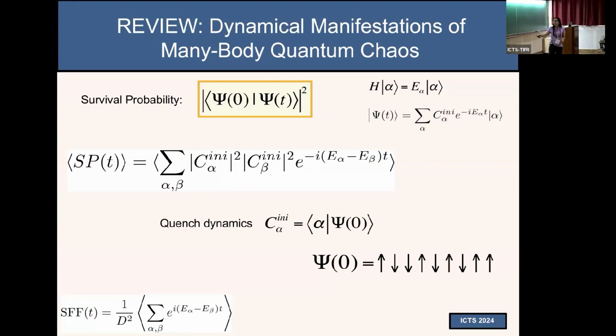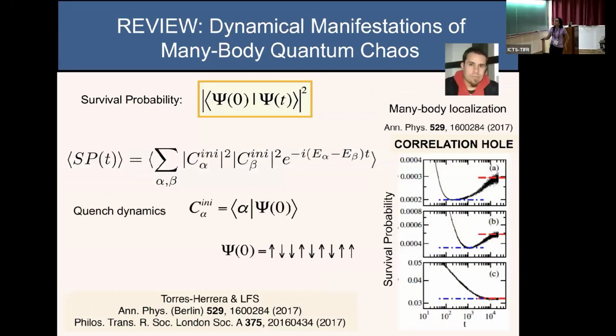We really want to study a physical initial state, something that an experimentalist can prepare. We are going to let it evolve according to a physical model. And then we want to tell the guys, well, you're going to see the correlation hole at this time scale. All right, so we started studying the survival probability with Jonathan back in 2016, 17, but in the context of many-body localization.